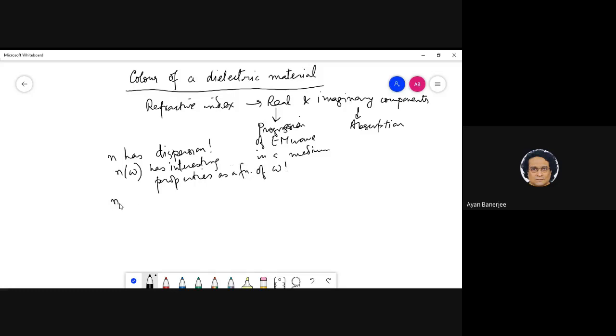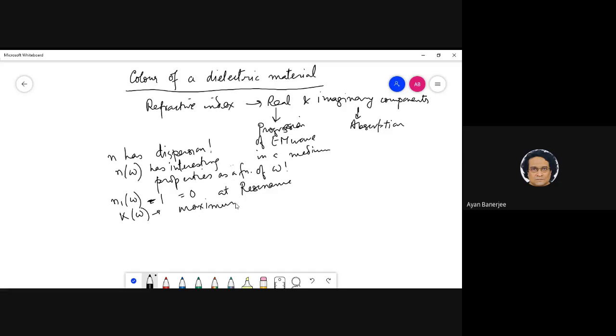Now what we saw is n1, which is the real part, is such that n1 minus 1 is 0 at resonance, and k(omega) is maximum.